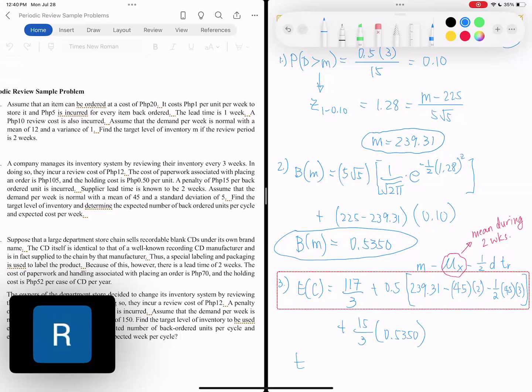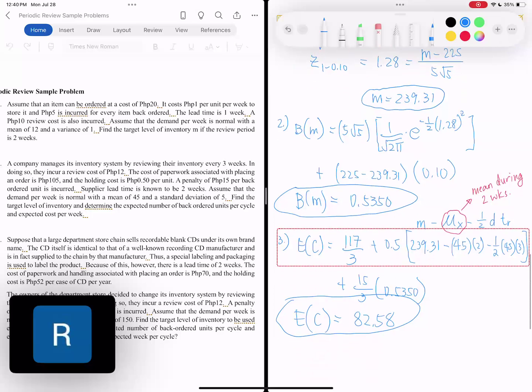So EC comes out to be equal to, kindly check if it's correct. Is that correct? Yes, sir. Same.